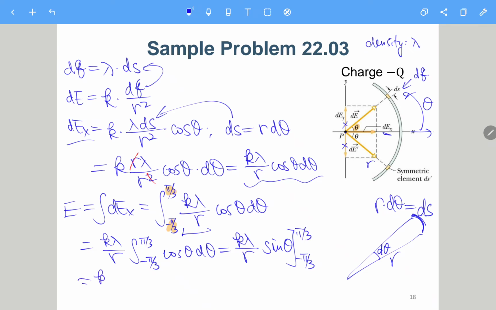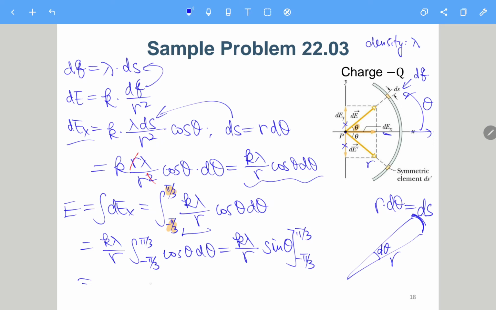Maybe we can start to plug in the values. So k is 8.99 times 10 to the 9th power. And lambda, we don't have, or maybe we can still keep this one to have a closed form solution.